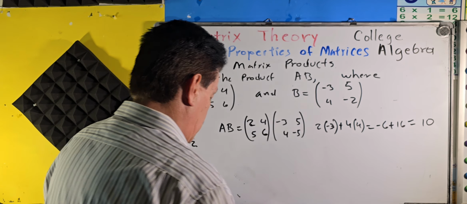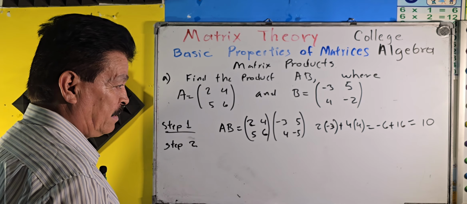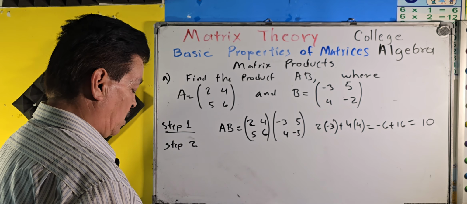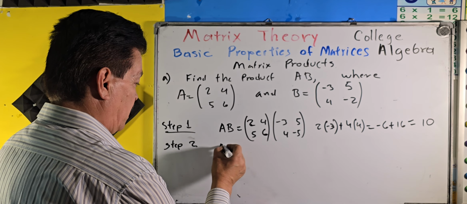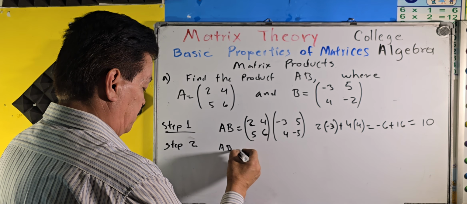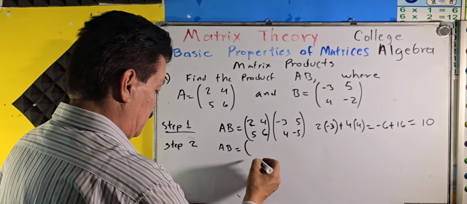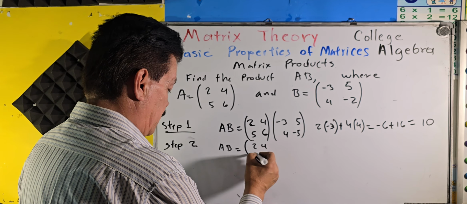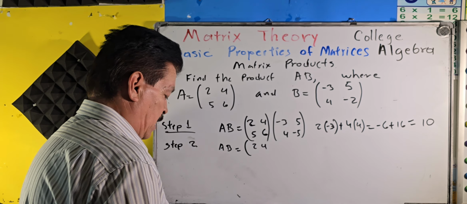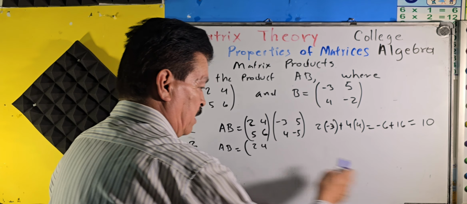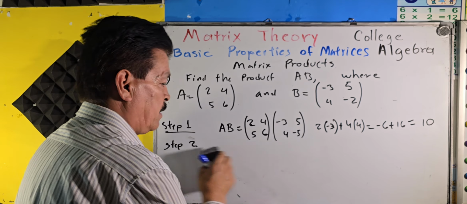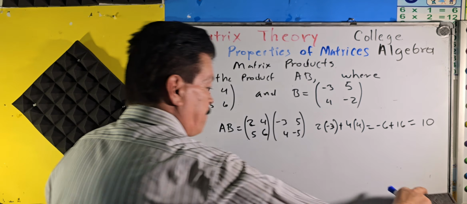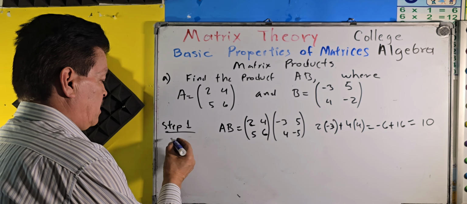Now let me write AB again and use different colors, because maybe we get confused. This is step number 2.